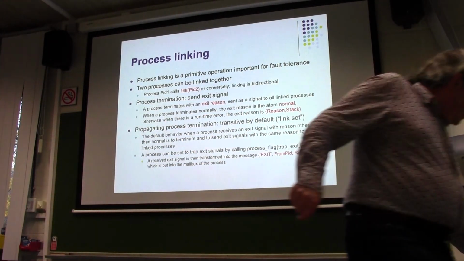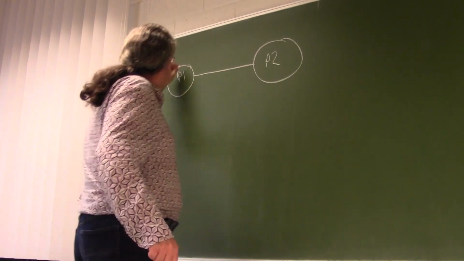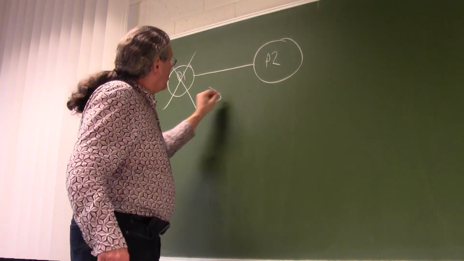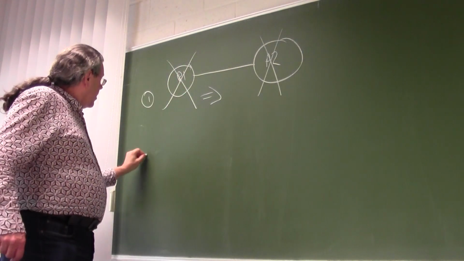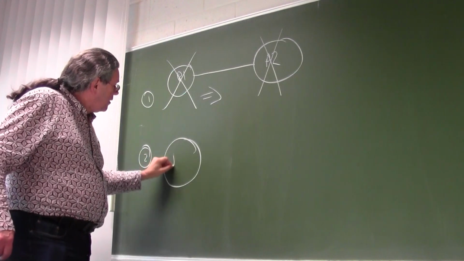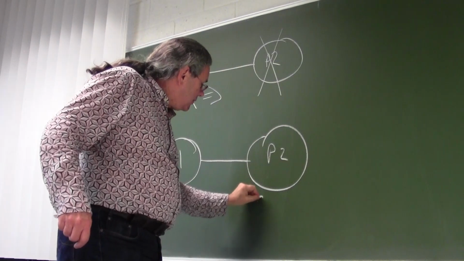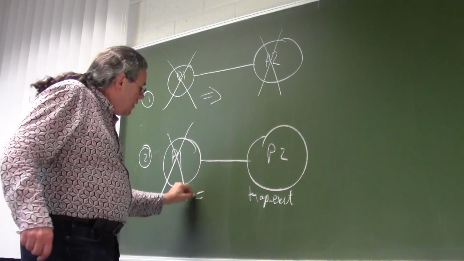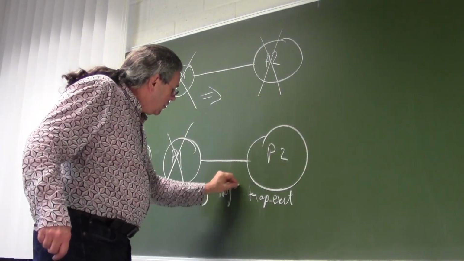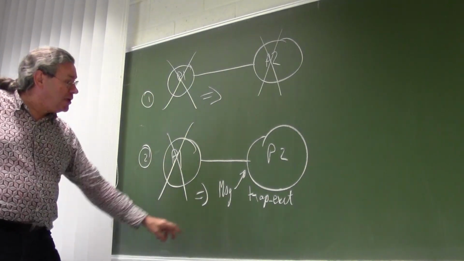If I have two linked processes here, P1, P2, and this one fails, then the other one will also be forced to fail. That's the first thing. But the second possibility, here I have the trap exit flag. If this one fails, then there is a message sent to the second one. So there are two possibilities, but only if the trap exit flag is set.